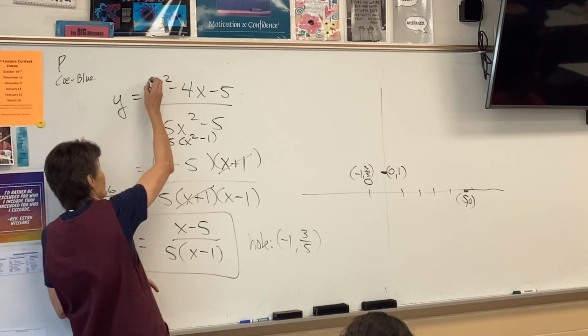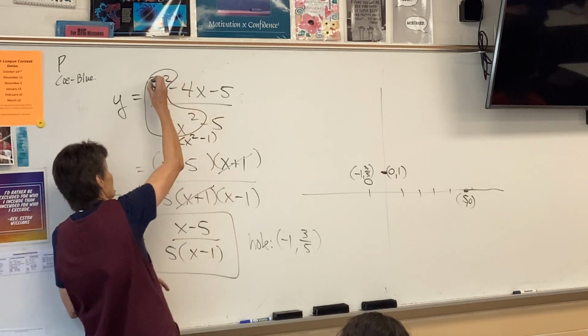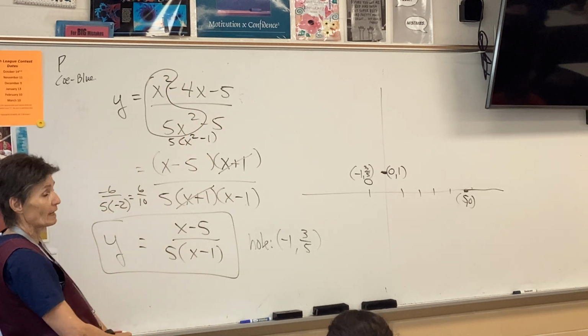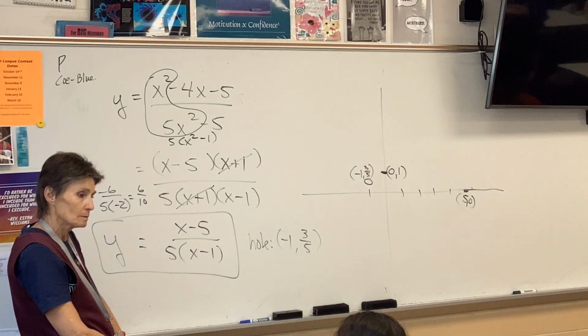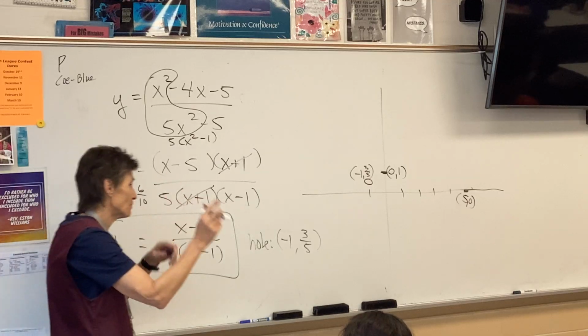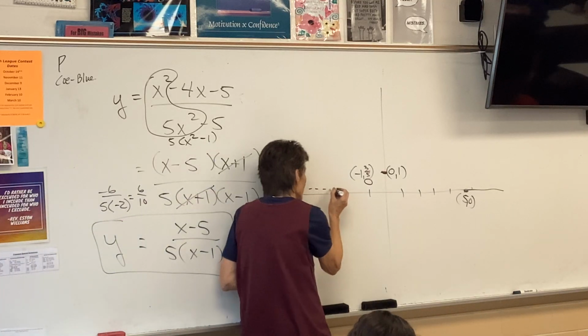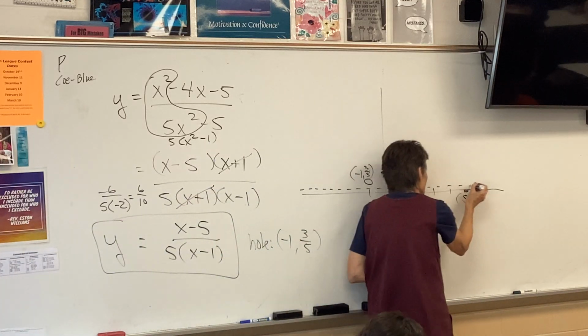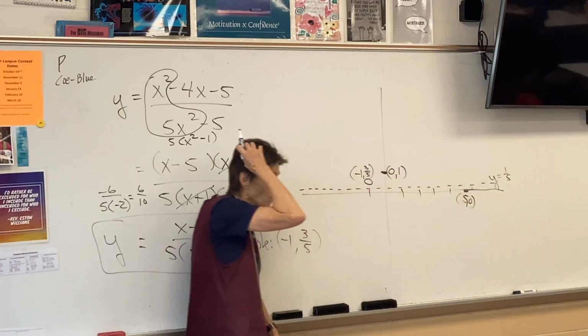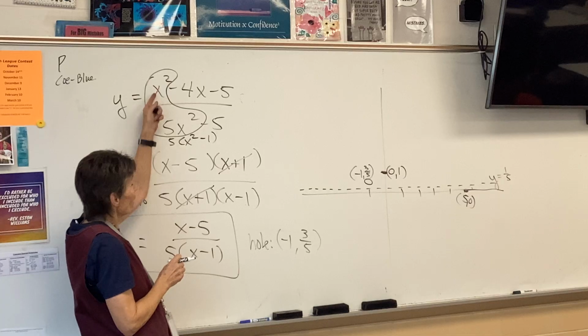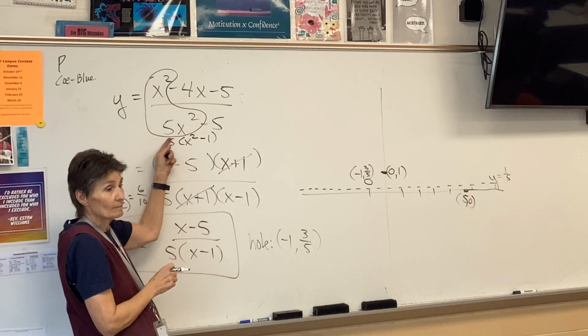Horizontal asymptote. I always go back to the beginning for that. Where is my horizontal asymptote? 1/5. That's the winner. 1/5. Why is it 1/5? X squared over 5x squared.